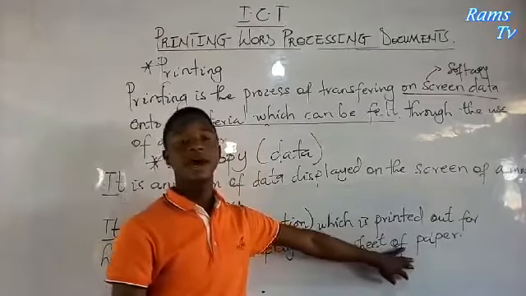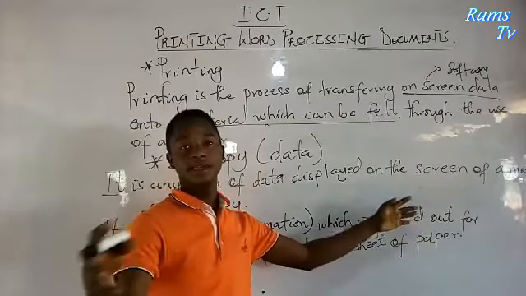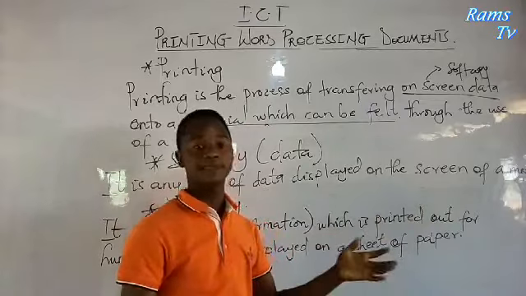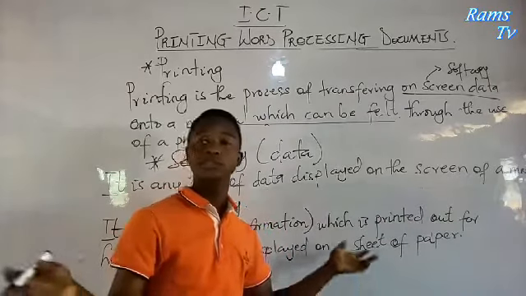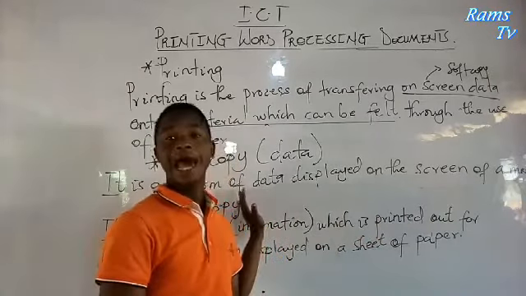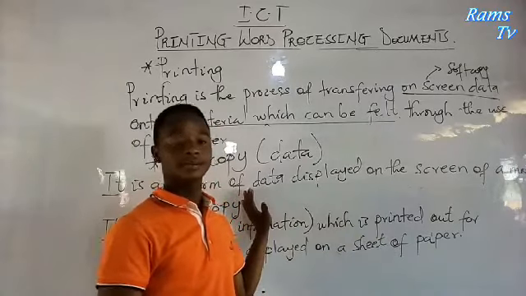Paper. So any data or information you see on a sheet of paper in storybooks, novel books, or what have you, is a hard copy form of what? Data.